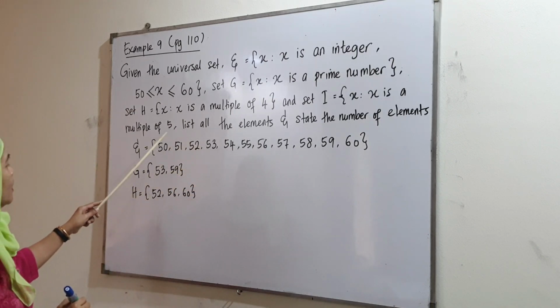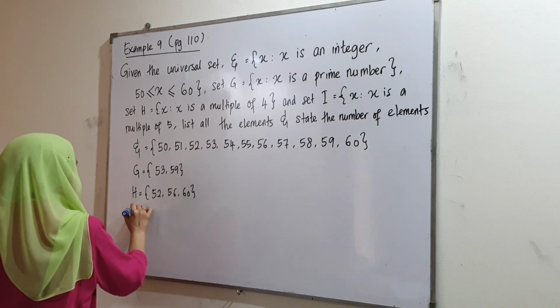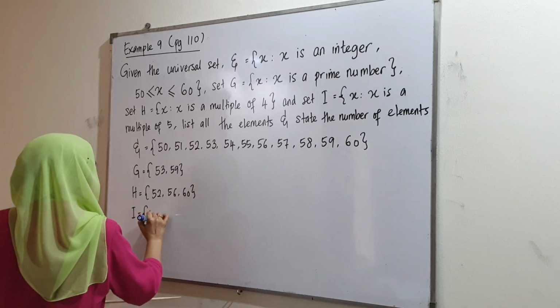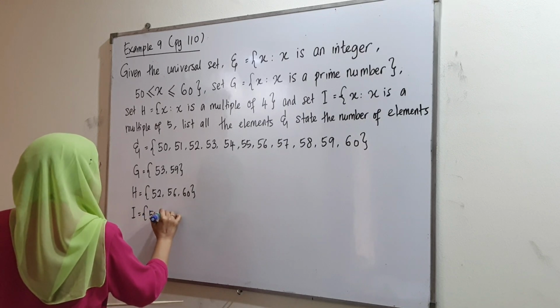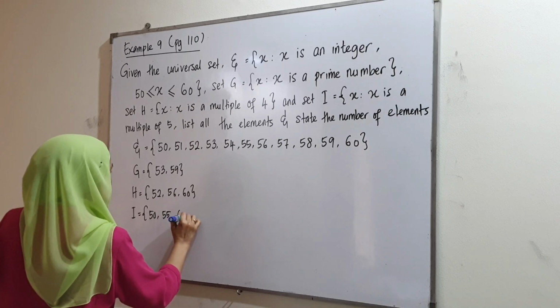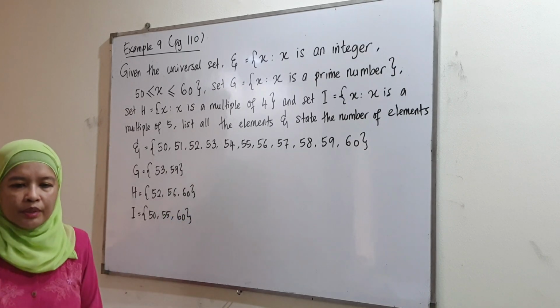And I is a multiple of 5, so I equals 50, 55, 60.